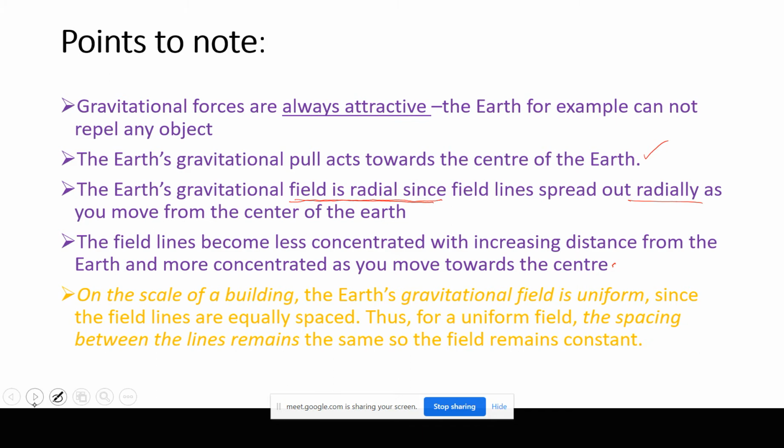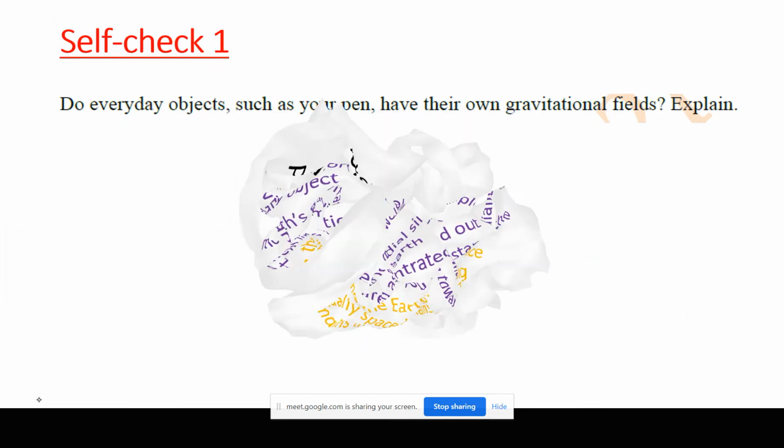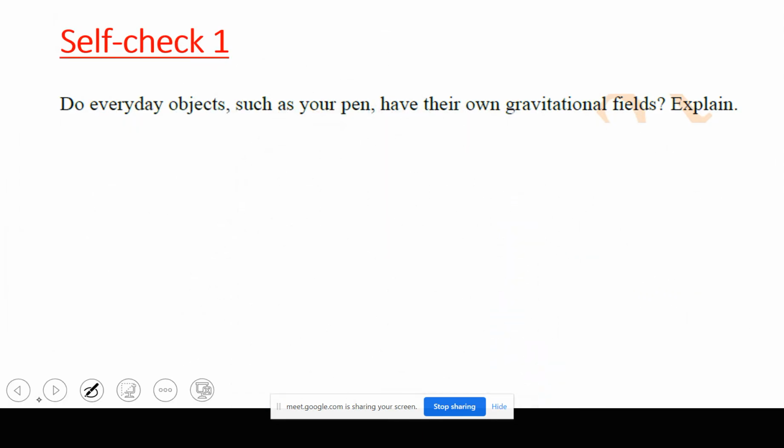Okay, self-check number one. Do everyday objects such as your pen have their own gravitational fields? Explain your answer.